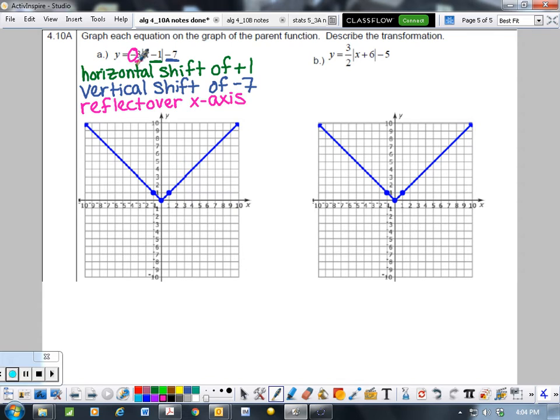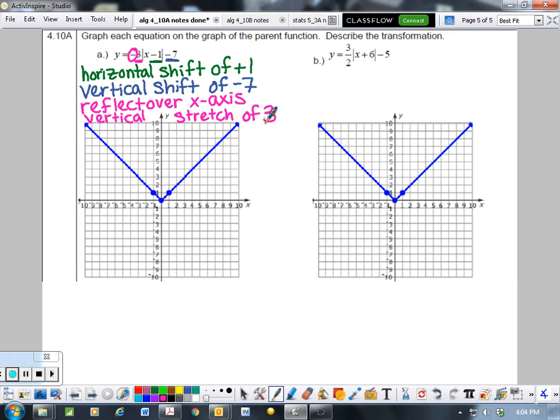And then the 3 is bigger than 1, so it's a vertical stretch of 3.